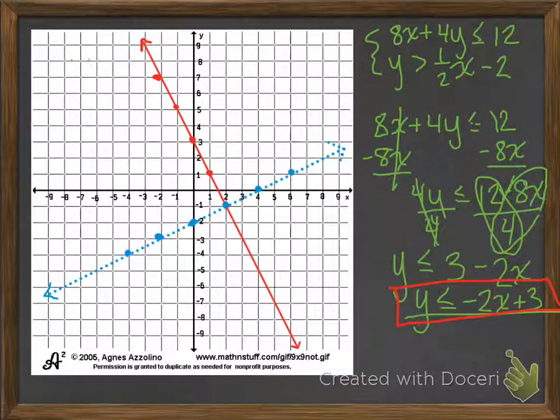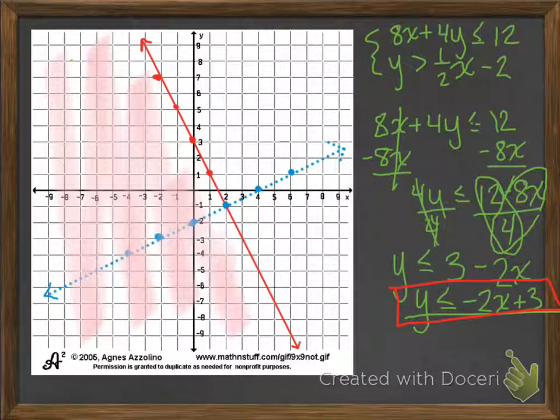So we're looking at that intercept 3, and y has to be less than that, so that means we're going to be shading the areas that are 2, 1, and then down into the negatives.